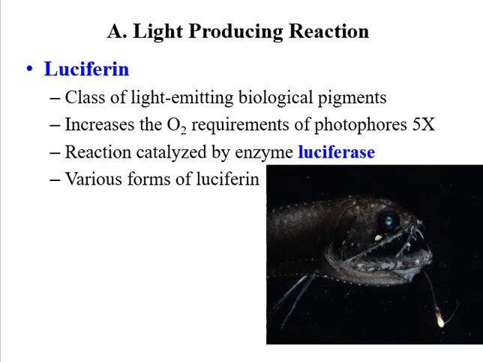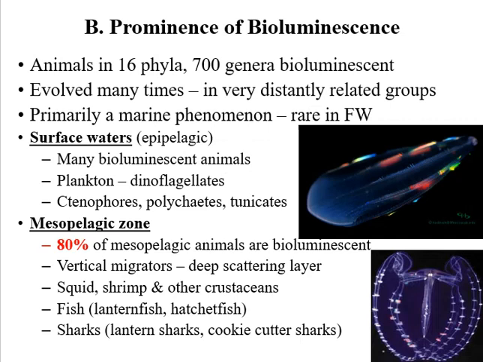And when this pigment is acted upon by this enzyme, luciferase, there's a reaction that takes place, as I said, that uses oxygen and uses ATP. That energy and ATP in the presence of oxygen, catalyzed by that luciferase on this substrate, this biological pigment luciferin, produces light. It converts chemical energy to light energy.